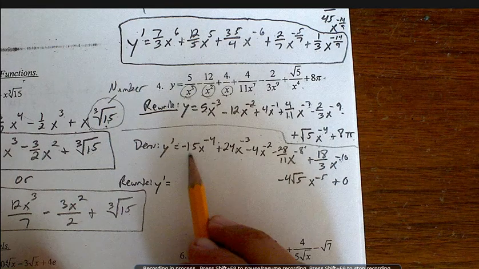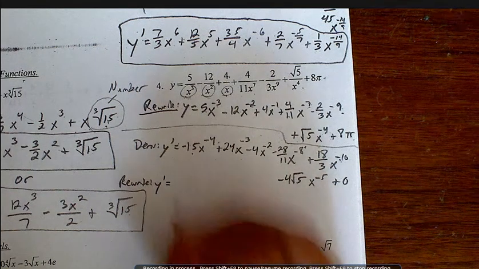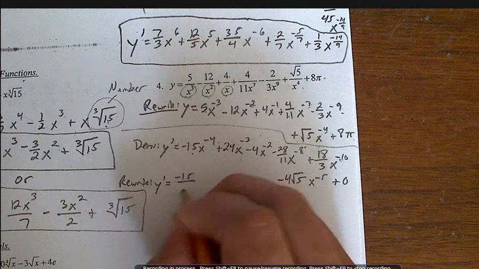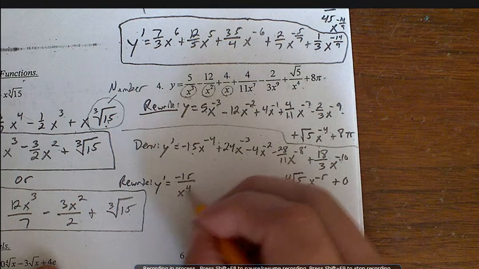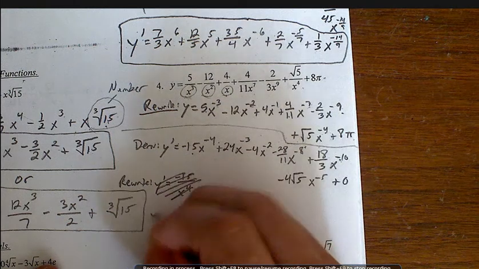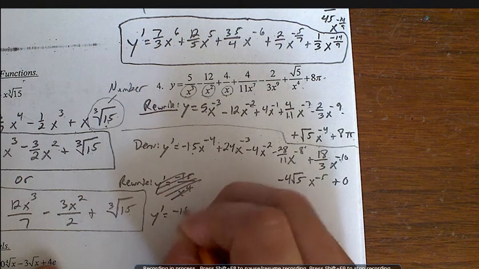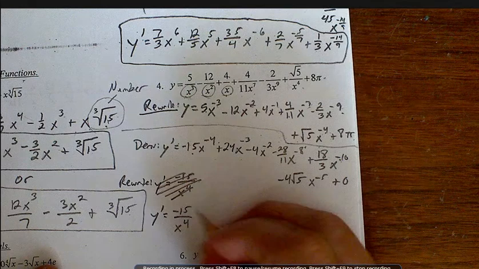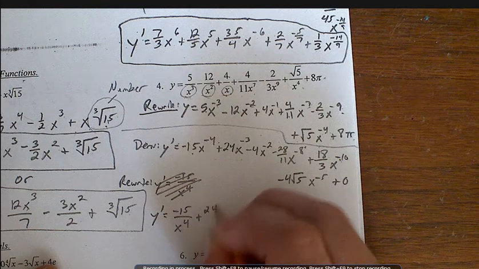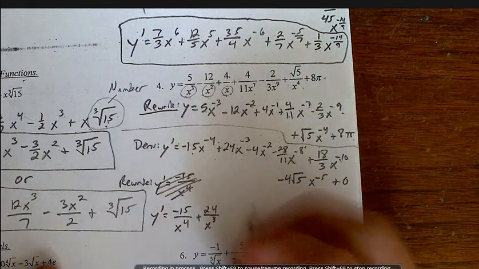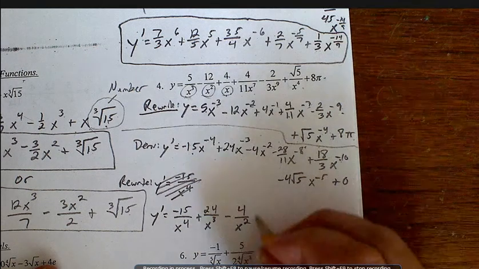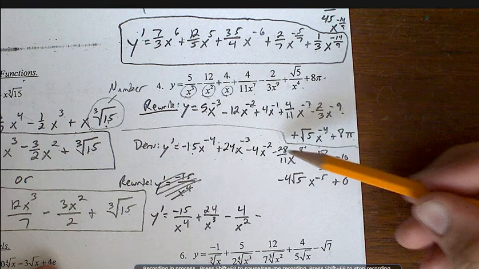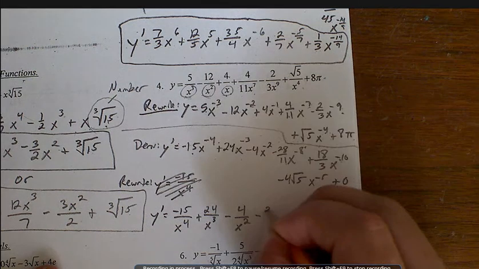Plus 24 over x cubed minus 4 over x squared minus, now 28 over 11, x to the 8th in the denominator. 18/3 is 6, but x to the 10th goes in our denominator.